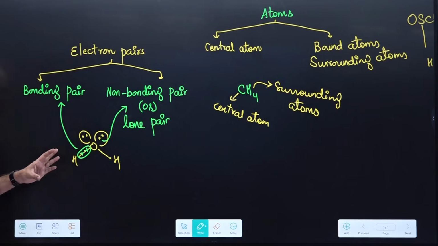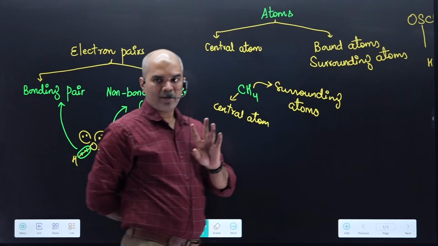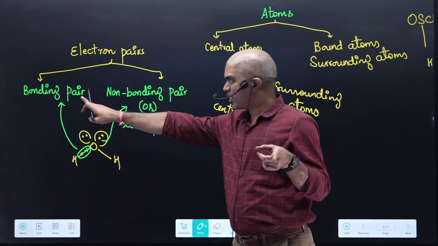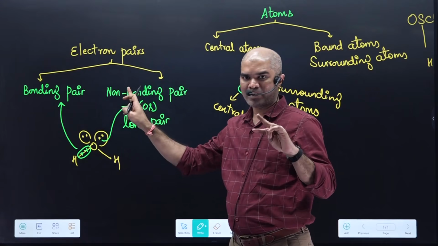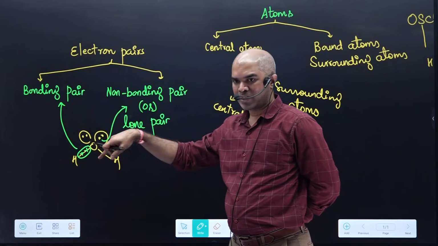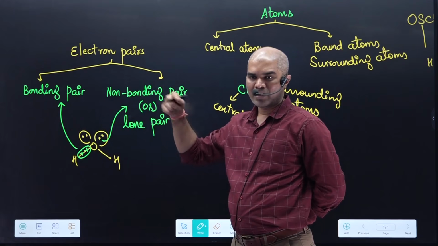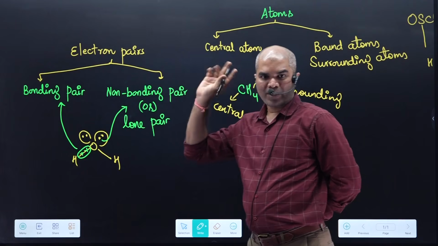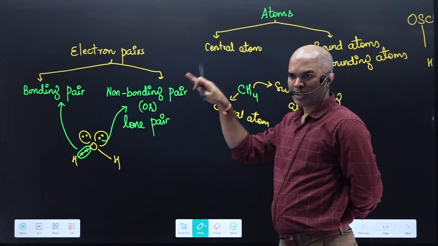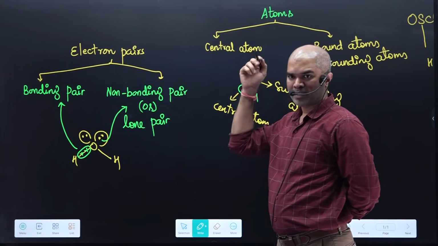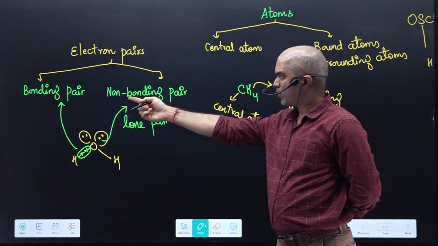Whatever molecule you choose, most of the molecules, not all, will have two kinds of pairs. CH4 has no lone pair, only bonding pairs. So either you will have bonding pairs, or bonding and non-bonding pairs. Bonding pairs are those participating in bonding. A non-bonding pair is called a lone pair, which directly does not participate in bonding, according to VSEPR, not according to other theories. According to VSEPR, there are two types of atoms, central atom and surrounding atom, and two types of electron pairs, bonding pair and non-bonding pair.